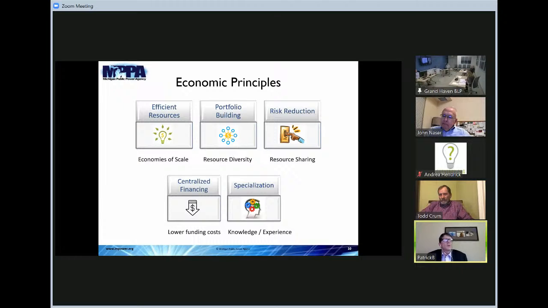And so you really were focused on those top blocks, economies of scale and resource sharing and that financing entity. But what's really happened, particularly over the last 10 years after wholesale markets were created, is the specialization, the knowledge and experience has become a really huge part of our organization.